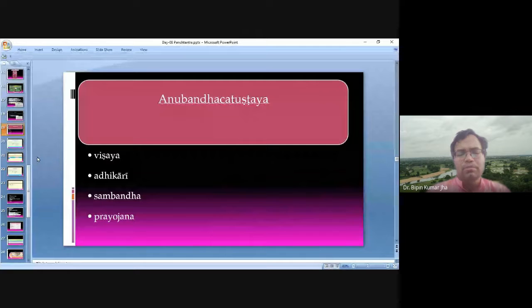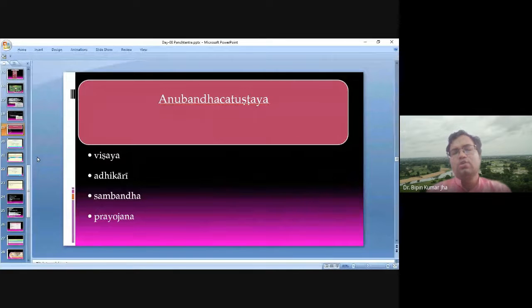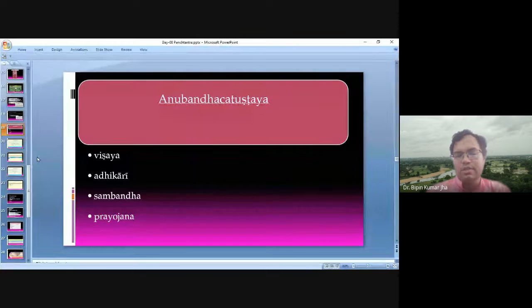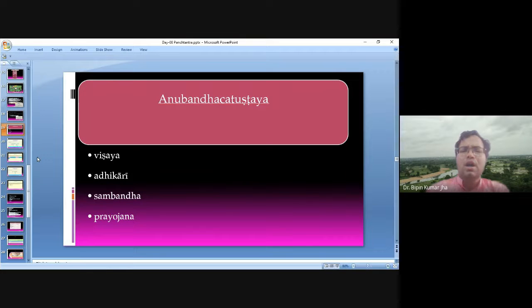What is the subject matter content? Who is eligible to understand the text? What is the relation between the text and who is reading it, and why are they trying to learn? All these four things are not only in Buddhism, but you find them in traditional Indian texts.